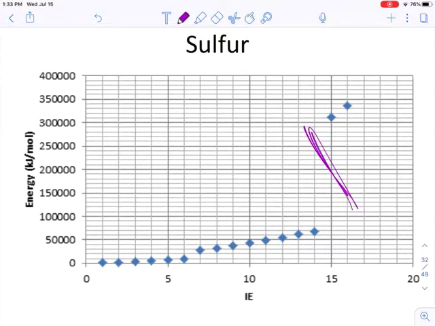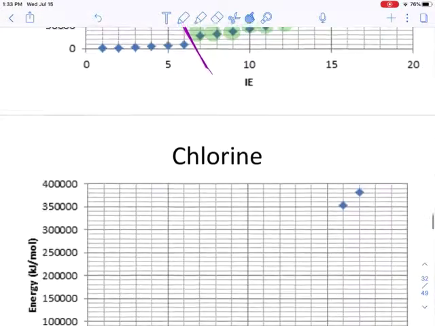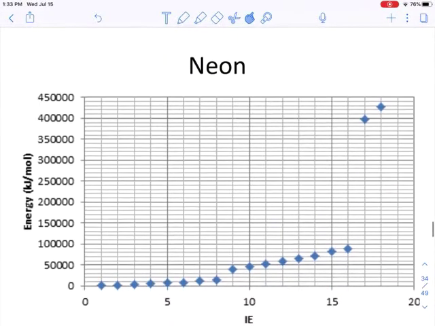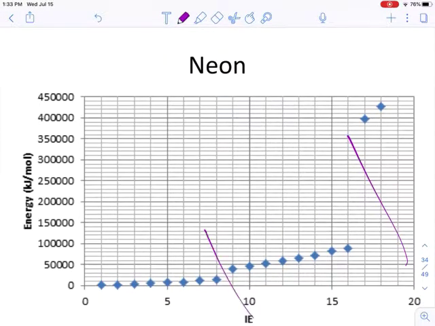And now here's sulfur with 2 and then 8 again here in the middle, and then 6 there for the sulfur. And then chlorine, 2, 8, and 7, and then finally here neon with 2, 8, and 8.